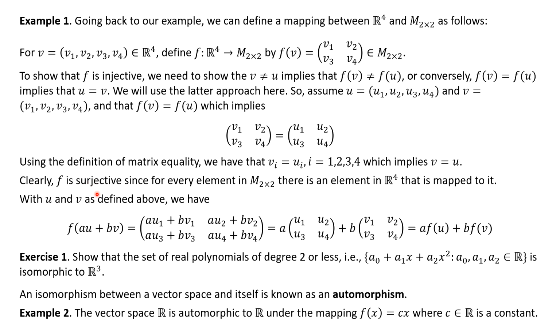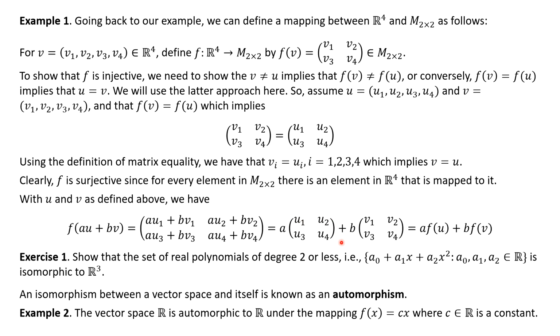And then we just need to prove the linearity property. We take f of a linear combination, au plus bv, where we defined u and v as we have here. And then you add these together, and then you just put the components in the appropriate positions, as I've done here.